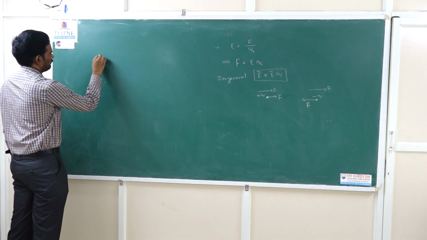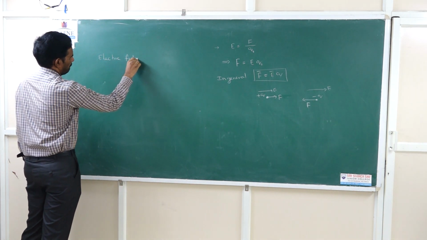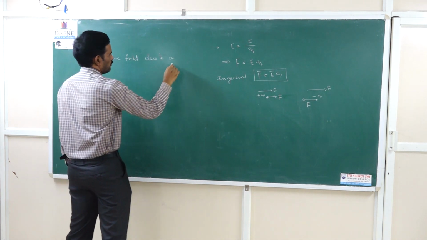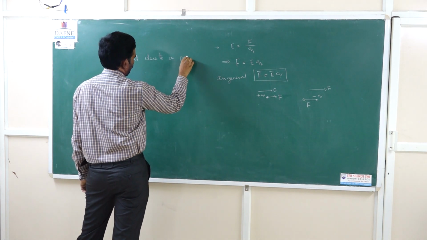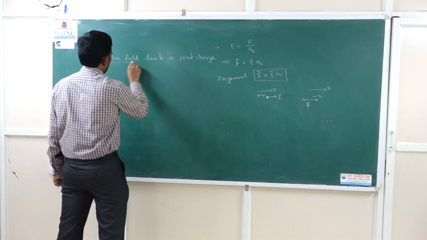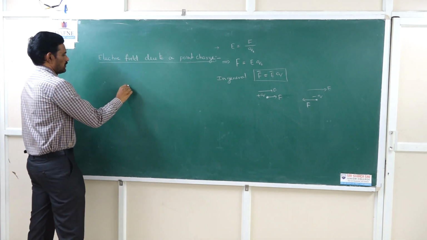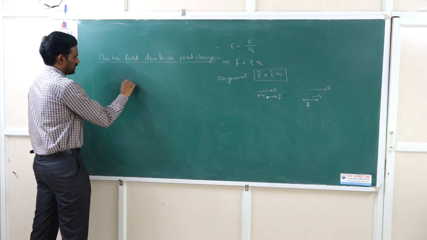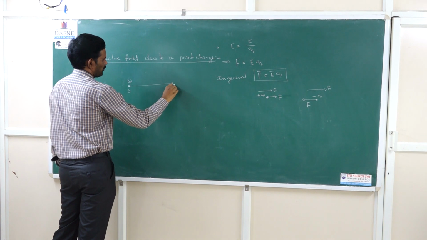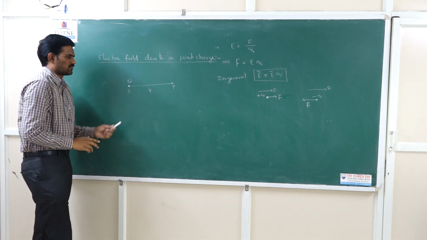And next, let us see the electric field due to a point charge. Consider a point charge Q, a positive charge, placed or fixed at the point O, and we need to find the electric field at the point P, which is at a distance r from this point charge.